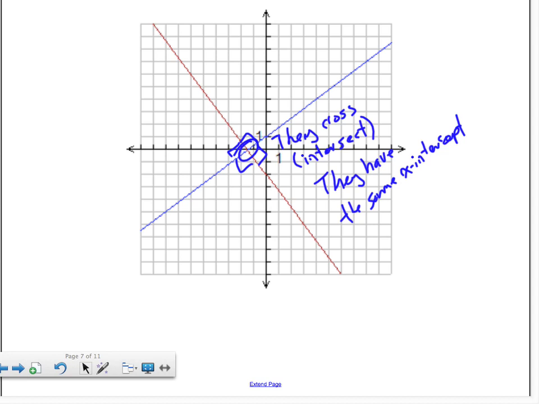Good. All right, let's start off there. Which one do you want to tackle first with the blue one? Y-intercept? Yeah. What does it look like on there? Yeah, it looks like 1. So here we have y equals mx plus 1.